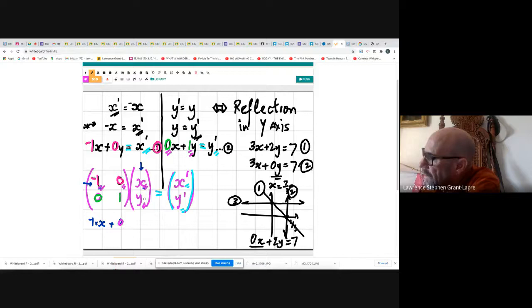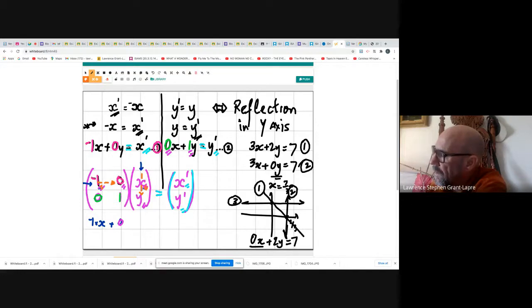So we go across this way, and we come down this way when we multiply. The first one with the first one, the second one with the second one.